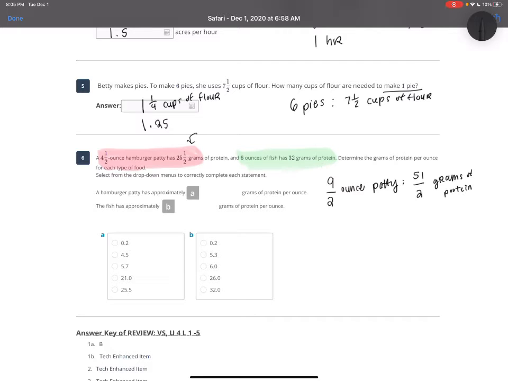So what it's asking for is per ounce. When somebody says per ounce, how many ounces do you think that is? What number does the word per represent?